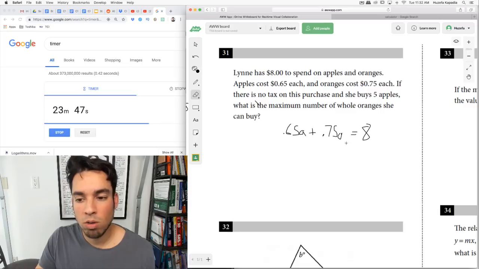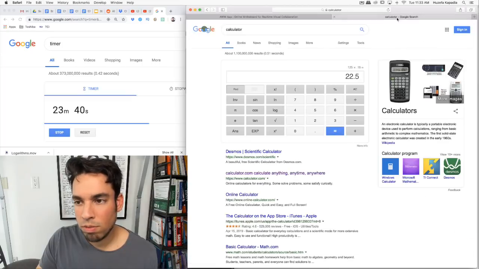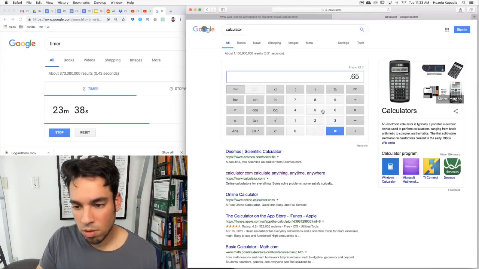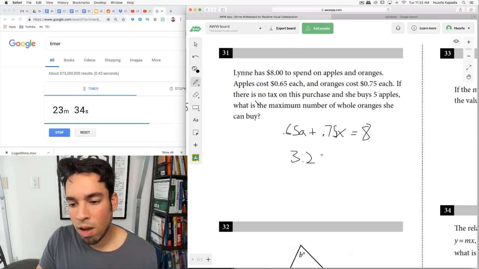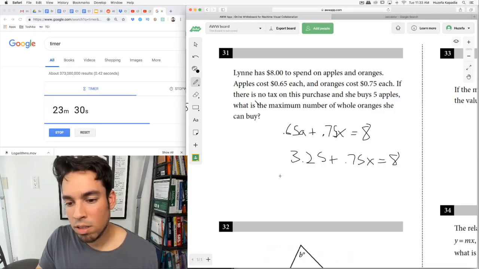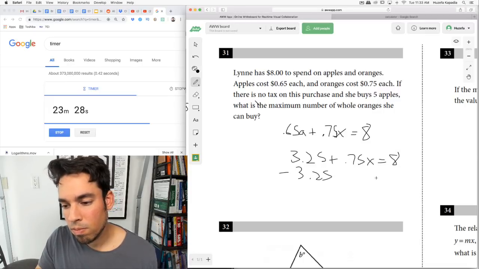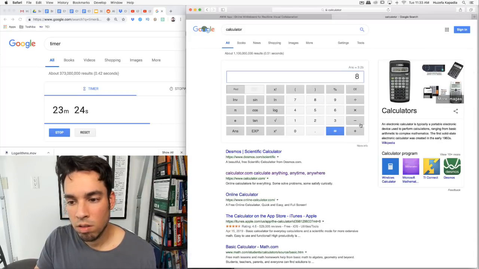Let's just make oranges X. Plug in 5 for apples. I'll use a calculator. It's $3.25, but just to be sure. Okay, and then we do 3.25 plus 0.75 X equals 8. Isolate. $4.75.